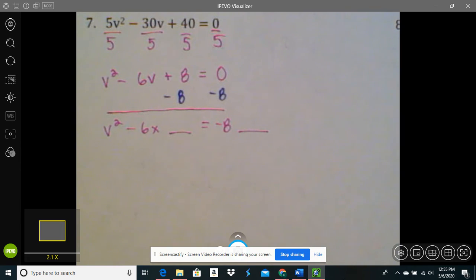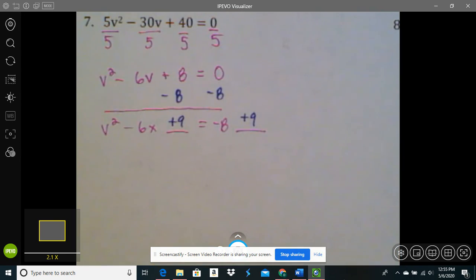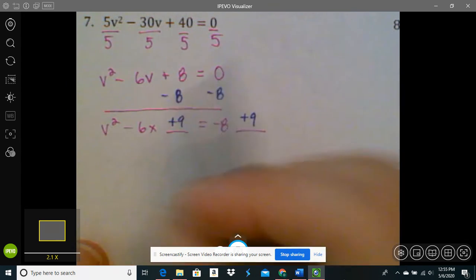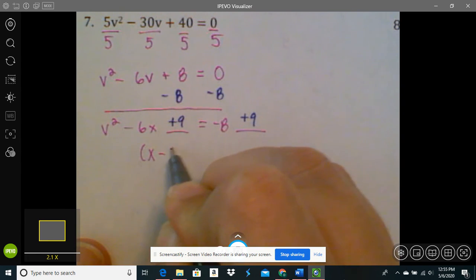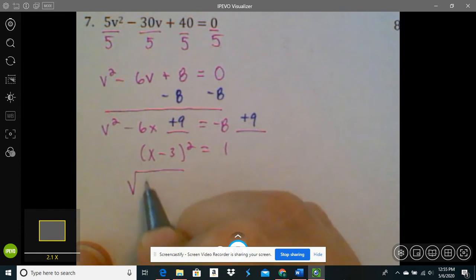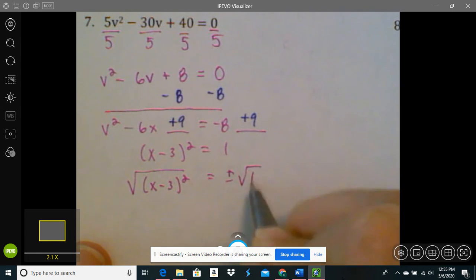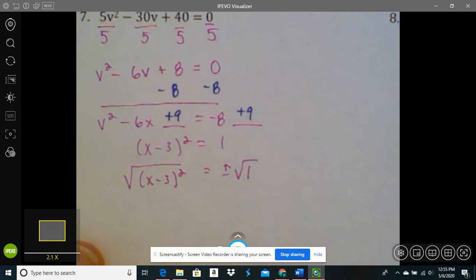Half of -6 is -3. -3 squared is 9. We add it to both sides. In doing so, we write the factored form as (v - 3)² = 1. We'll take the square root. So this is v - 3 equals positive and negative 1.